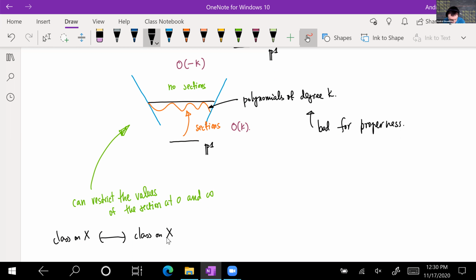And so what would you like to do? Maybe your first idea would be that I should just fix it to be a point. So if I fix it to be a point, we can put a point there.